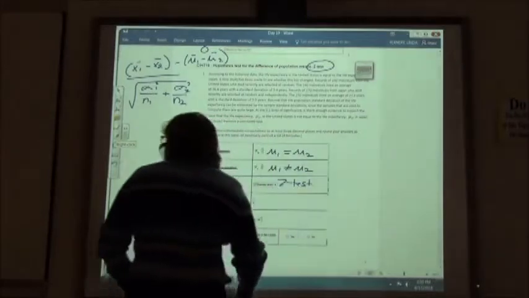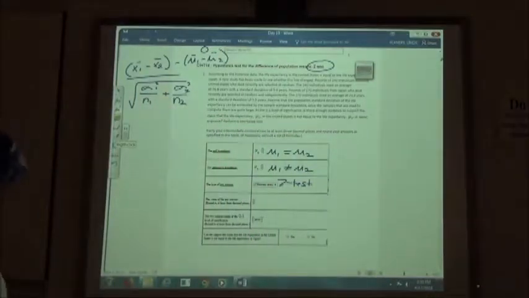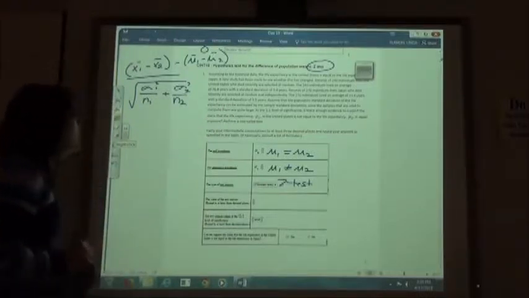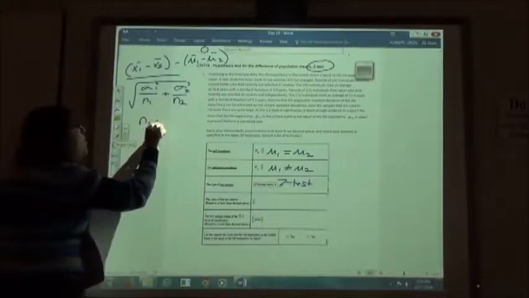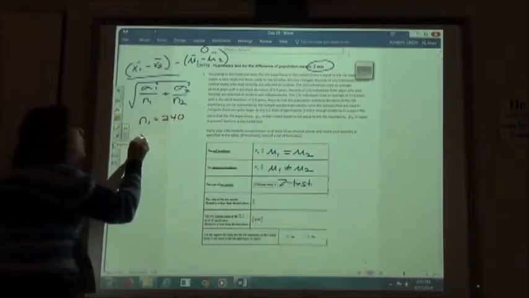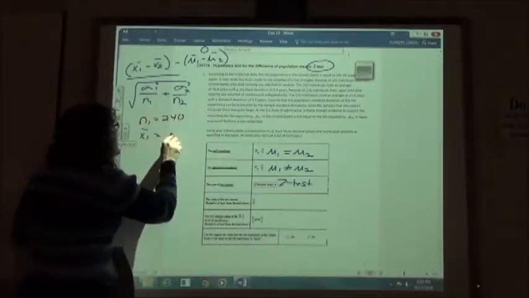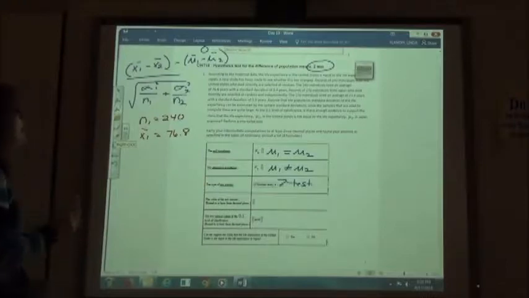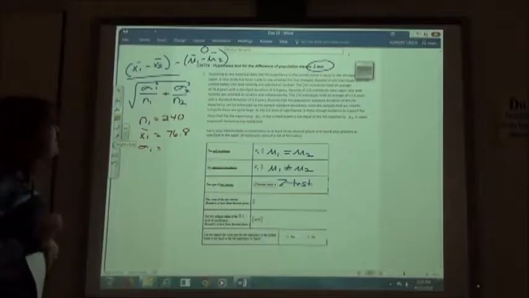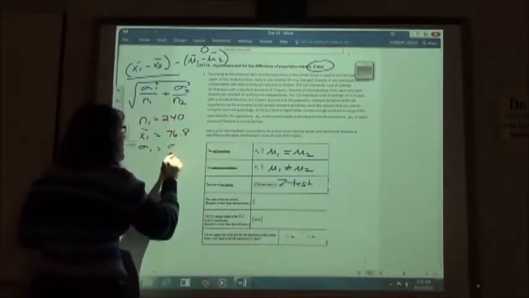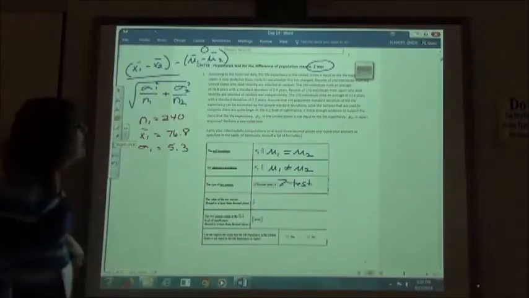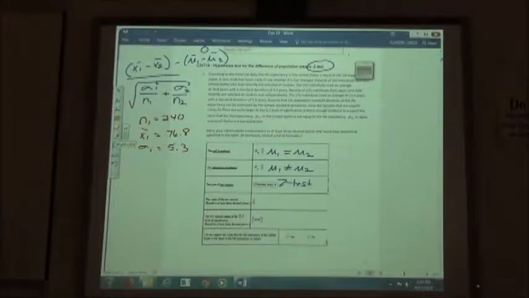So looking back at my word problem, according to my historical data for the first one, records of 240 individuals. So n sub 1 is 240 individuals. The average, so X bar 1, is going to be 76.8 years. My standard deviation, so sigma sub 1, is 5.3 years. For the second survey, we did 270.